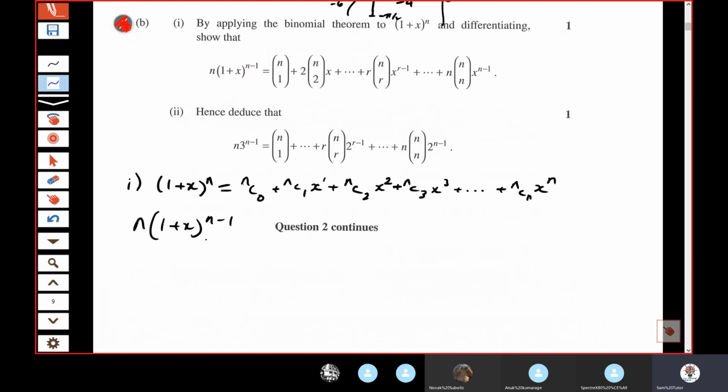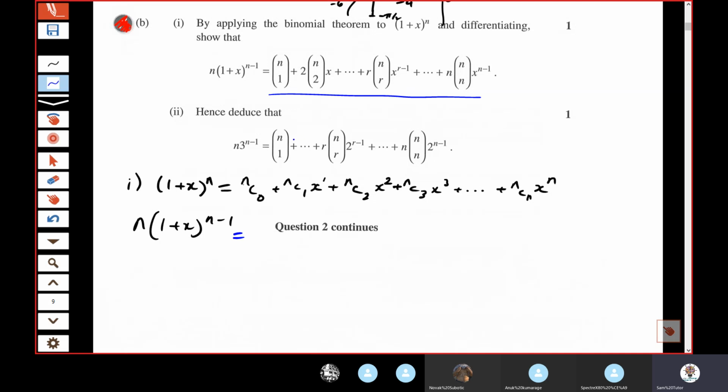What's the derivative of nC0? Well, what is nC0? Can someone tell me? Variable or constant? 1. Yep, it's 1 specifically. That's a constant. So the derivative is just 0. Do you guys see an nC0 here? What happened to it?